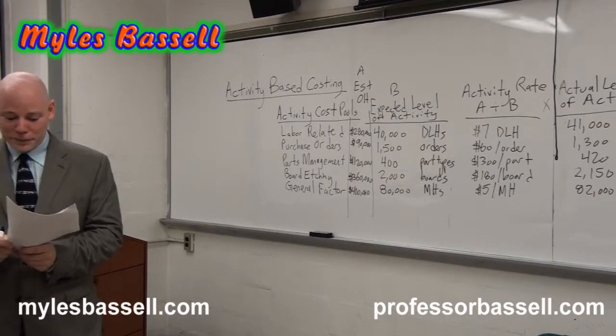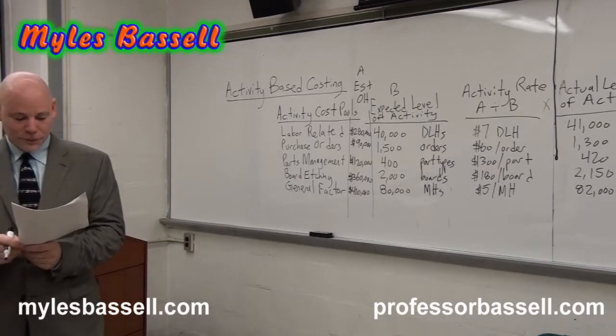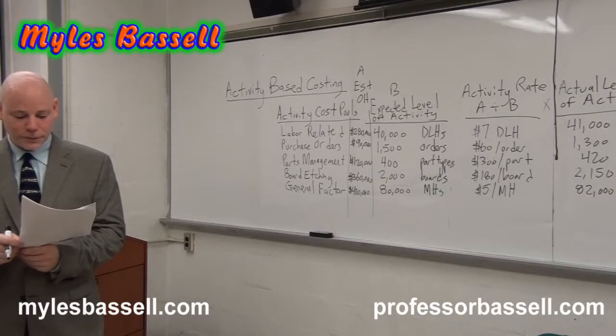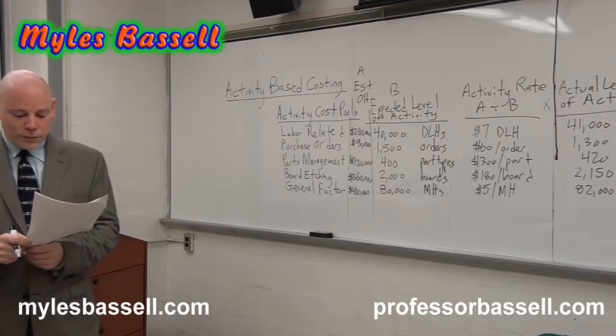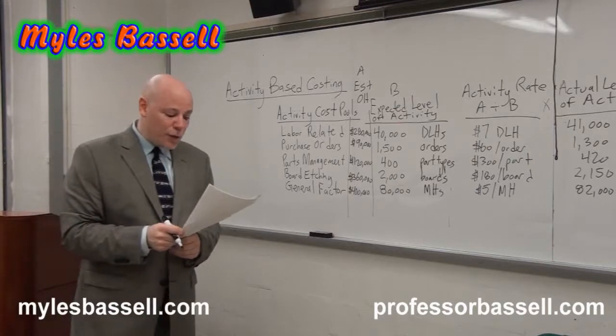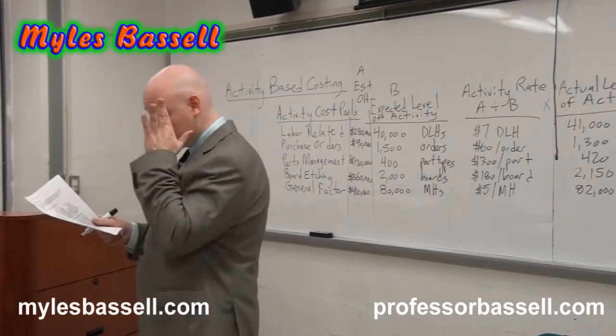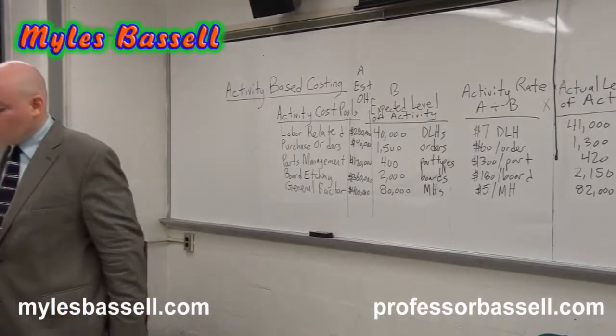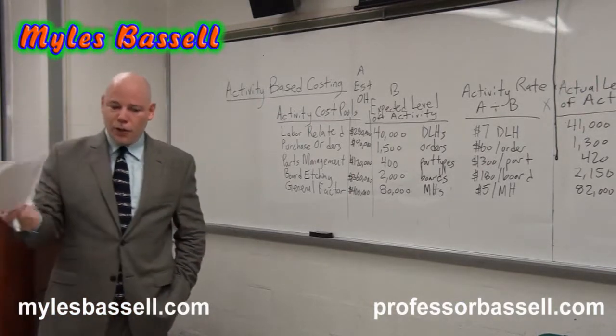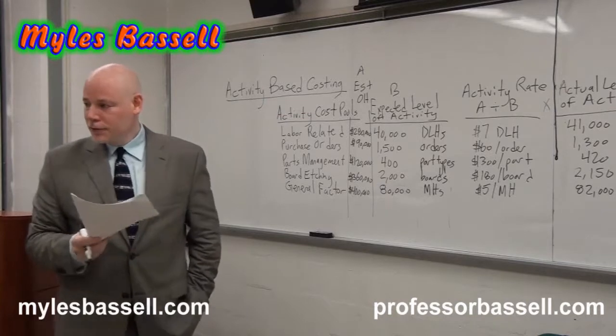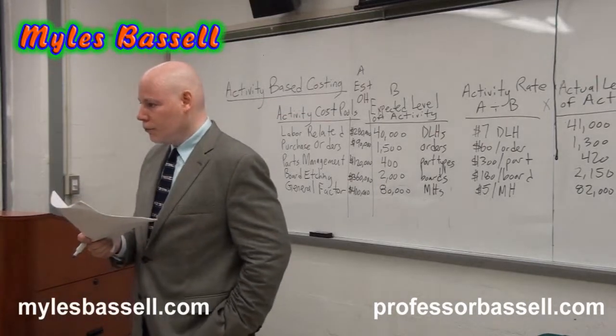So we have an estimated overhead cost which we presume, right? We estimate that cost, based on information that we had previously. It could be from last month or the prior period, or the last year. But it's like a hypothetical, right?